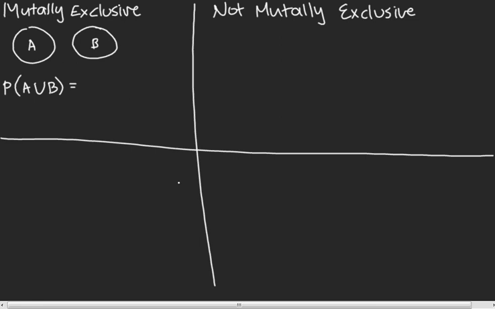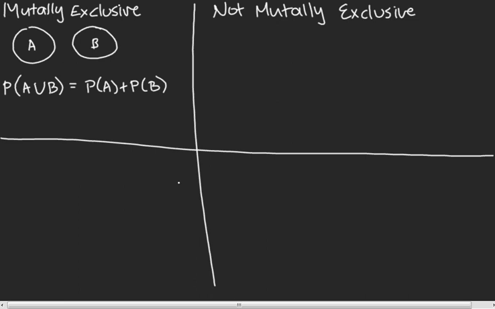Add them. So probability of A plus the probability of B. So one of the keywords here is or, one or the other happening, and they're dealing with events that are not related.